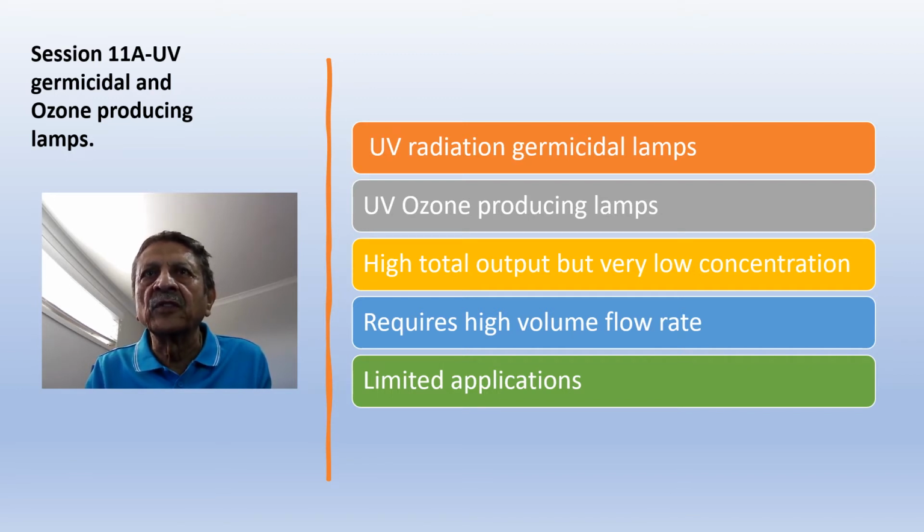So the amount of ozone being produced by the ozone producing lamps will be dependent on the number of lamps and the volume of air that is flowing through. The applications for both are limited.